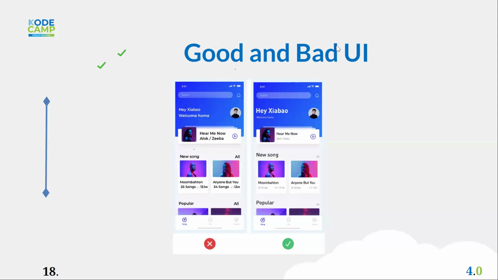Okay, so I want to add something to this good and bad UI UX. For the good UI, it's clearly showing the hierarchy, the one that is more important. But I also feel that this hear me now and the song under it, the Alloc and the Zebra, is too tiny for a good UI, because the typography we spoke about is about readable font for the target audience.